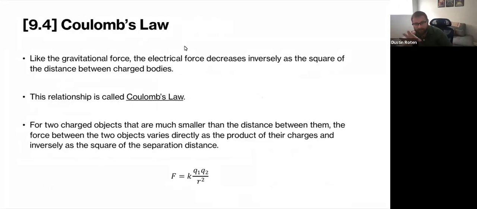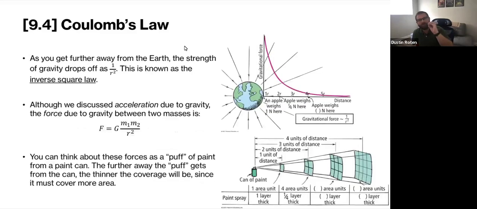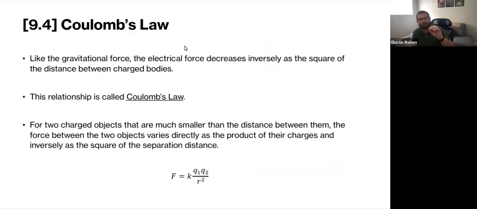So just like the gravitational force, the electrical force decreases inversely as the square of the distance between bodies. We'll talk about what that means in just a second. But for now, just be prepared to talk about Coulomb's law.